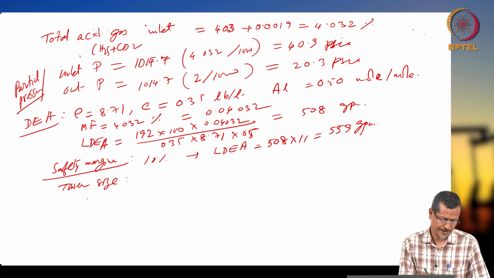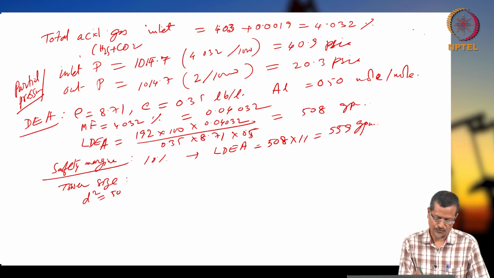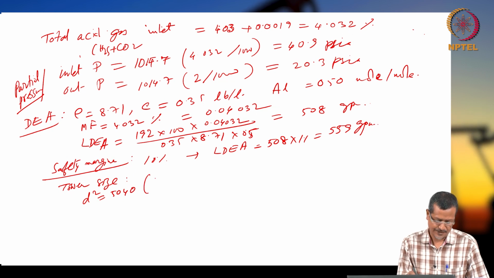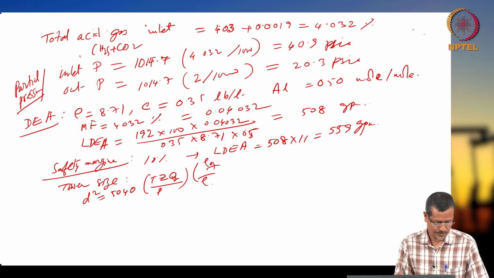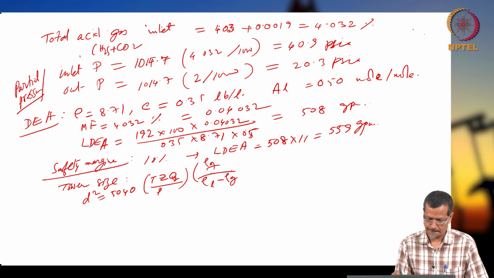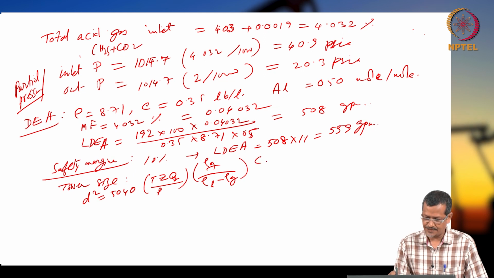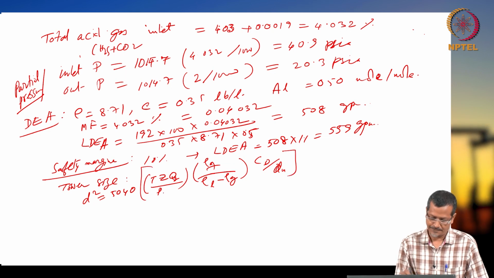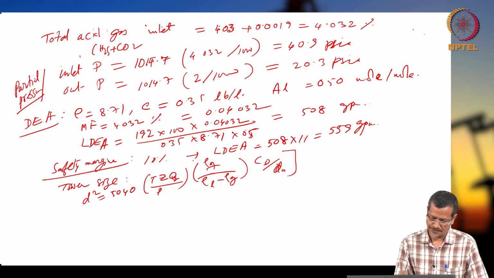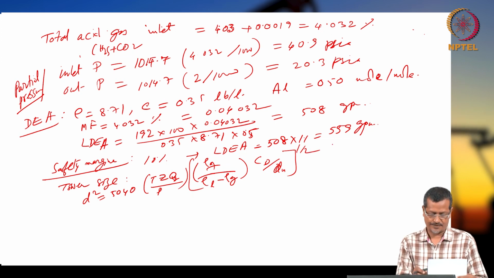Tower size formula: D squared equals 5040 TZQG divided by P, times rho G by rho L minus rho G, times CD by dm, all to the power half.